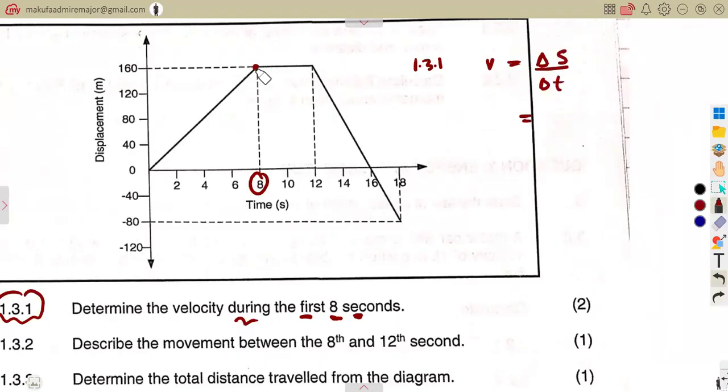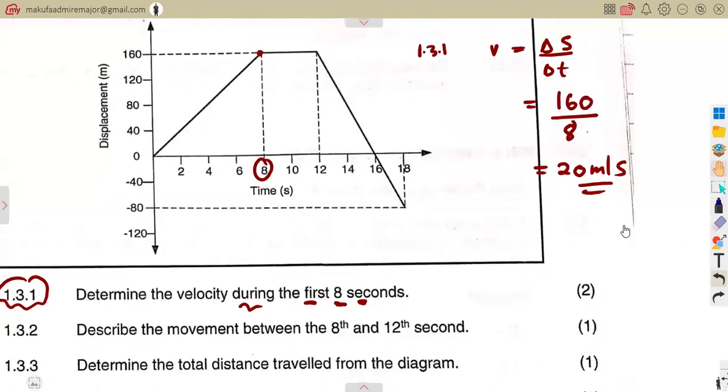In this case, the displacement corresponds straight at 160 meters, and the time at that point is 8 seconds. As we know, velocity is in meters per second, so we can write this as 20 meters per second. So that was your velocity.